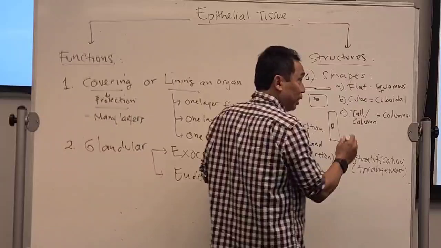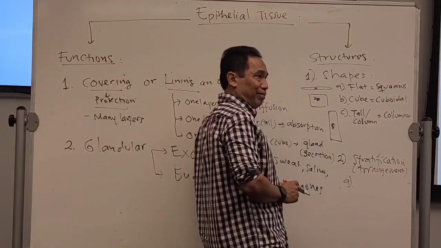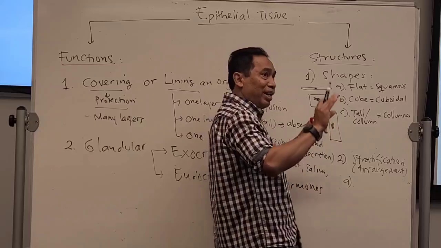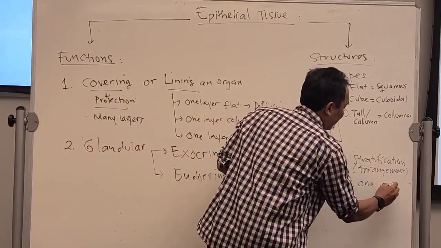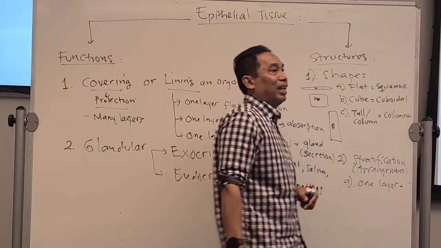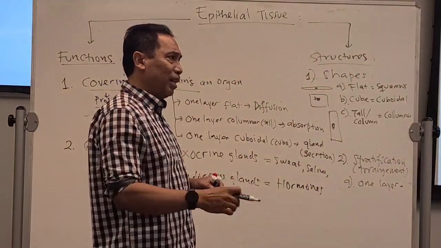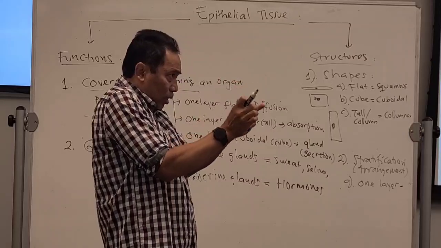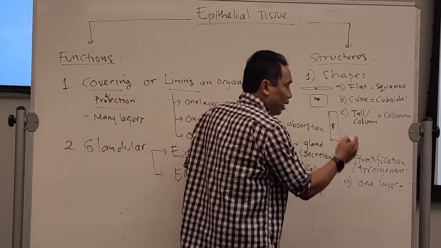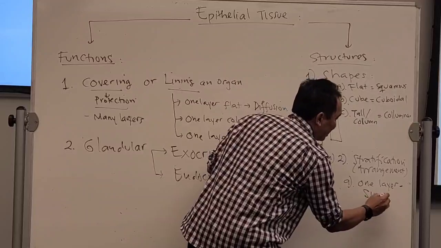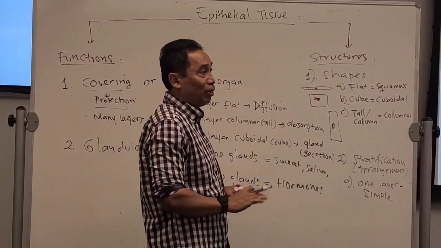On this classification, there are three types. It may be only one layer, like in the alveolus of the lung. The GI tract also has mostly one layer of epithelial tissue. If it is one layer, it's called simple. Simple means only one layer.